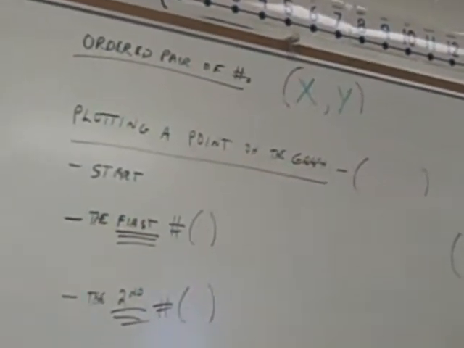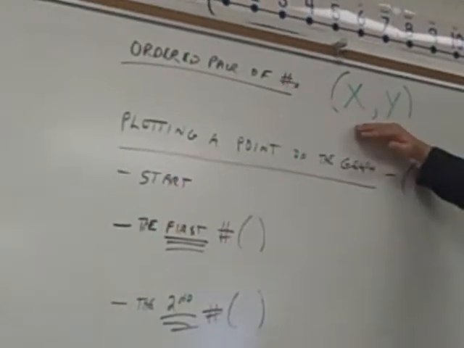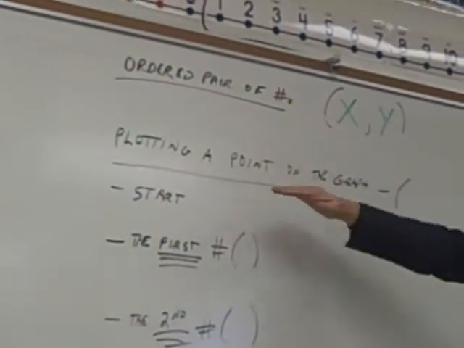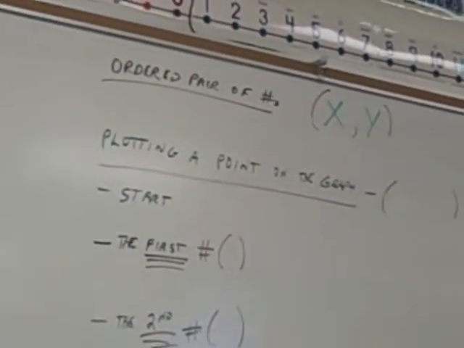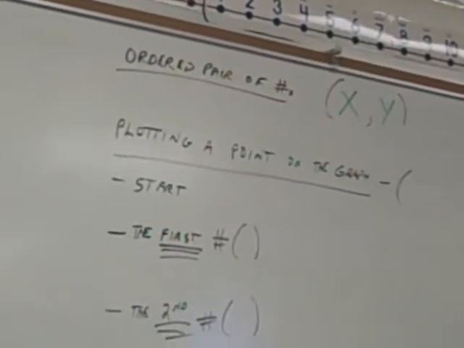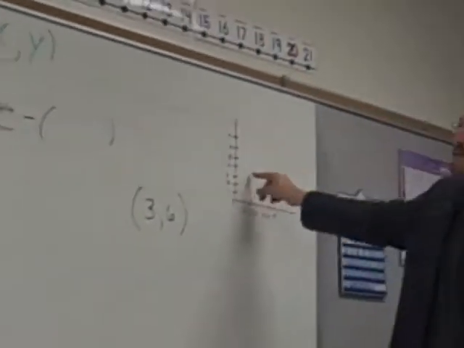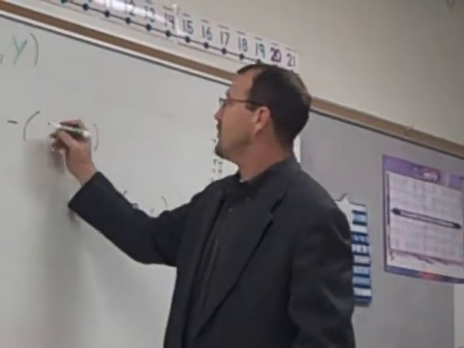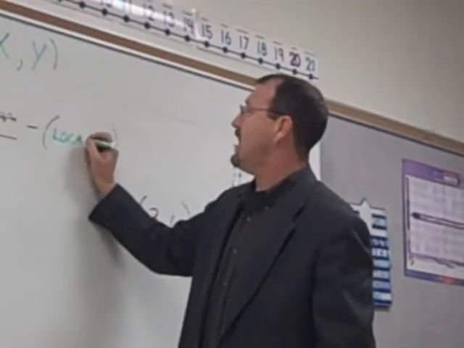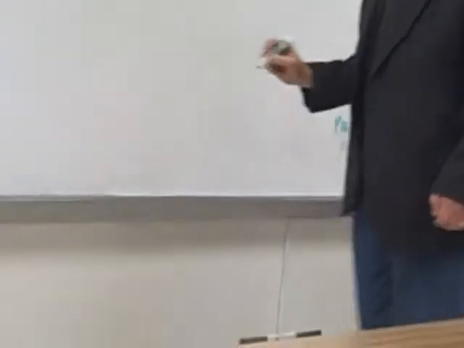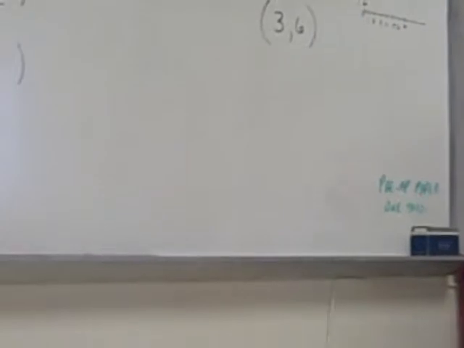Okay, that's going to help us, because we're going to use this to plot a point on the graph or on the coordinate grid. We call it graph because it's easy to say. We don't like saying coordinate grid, but they're both the same thing. When you're plotting a point on the graph, you are finding a location.